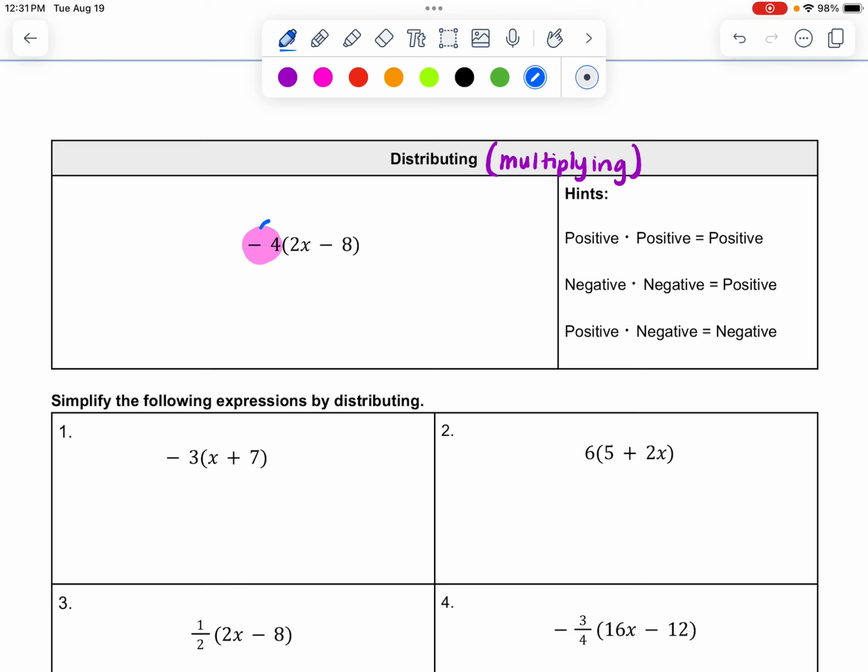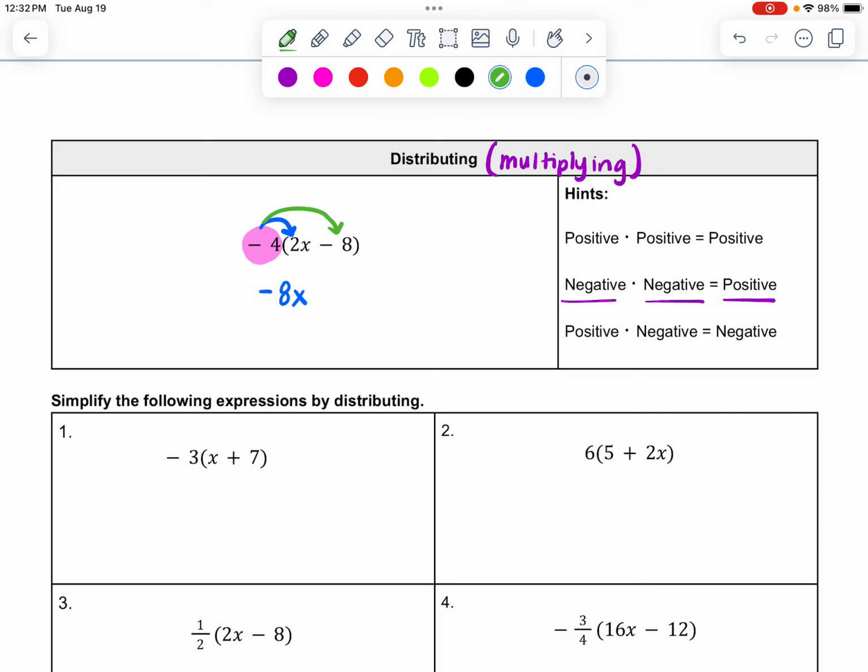So in this first problem, I would do -4 multiplied by 2x. When I do that, I get -8x. Then I would do -4 multiplied by -8. Now, one hint I want to remind you of is that a negative multiplied by a negative is going to give me a positive.